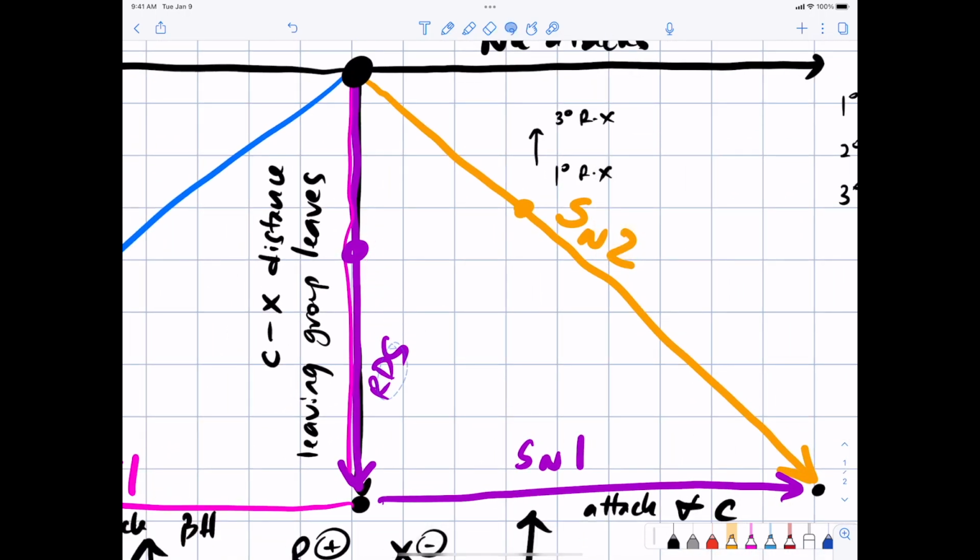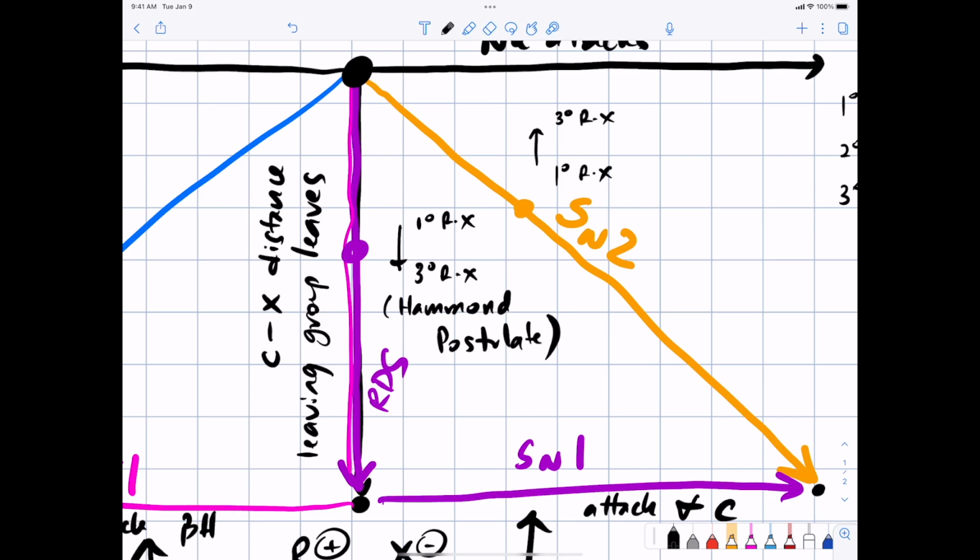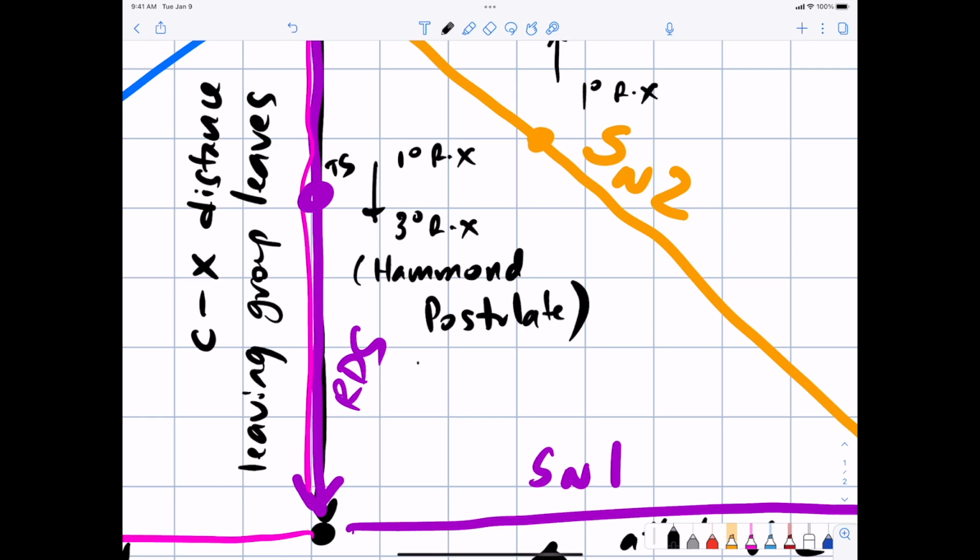In contrast, you're going to see that transition state energy gets lowest for the tertiary alkyl halide versus the primary alkyl halide. That's because of what we talked about for the Hammond postulate, which tells you that because this is an uphill in energy step, the transition state for the carbocation forming is very carbocation-like.